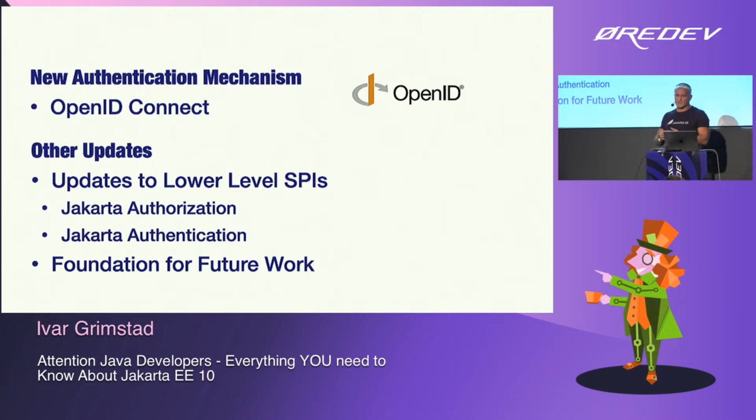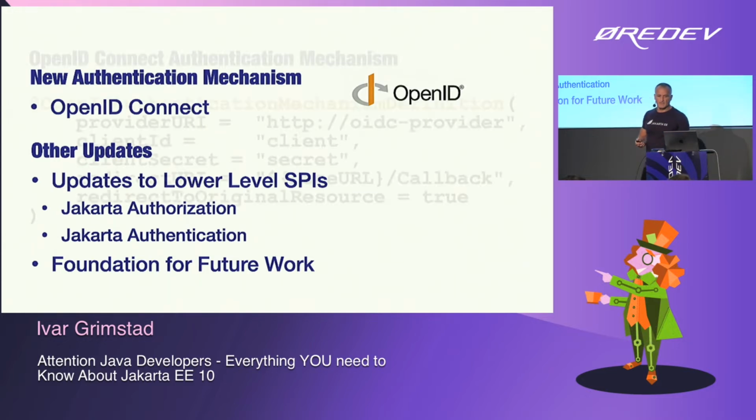And these are specifications that are not necessarily user-facing. So you wouldn't necessarily use authorization and authentication directly. You would use it through the Jakarta Security API. But this is what the implementers would use to get it tied together in the platform. So what this release is all about is a foundation for future work, as well as OpenID Connect.